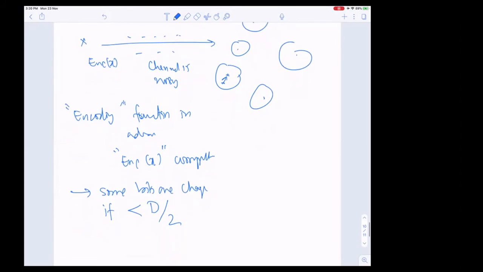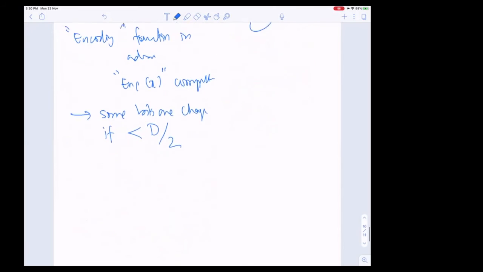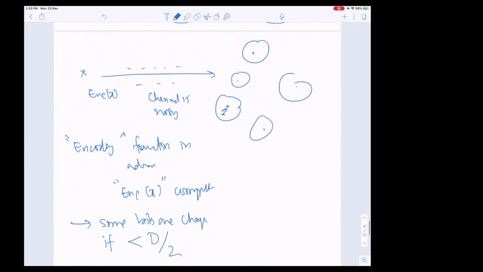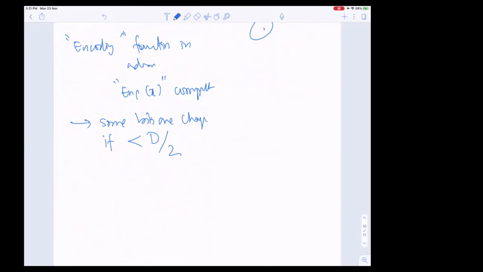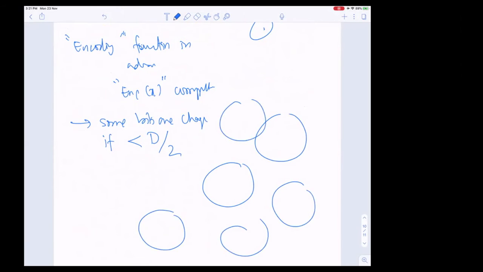Okay, now imagine yourself, how do you apply this to a streaming algorithm, or for that matter, any approximation algorithm? Is that fine? I know these balls.